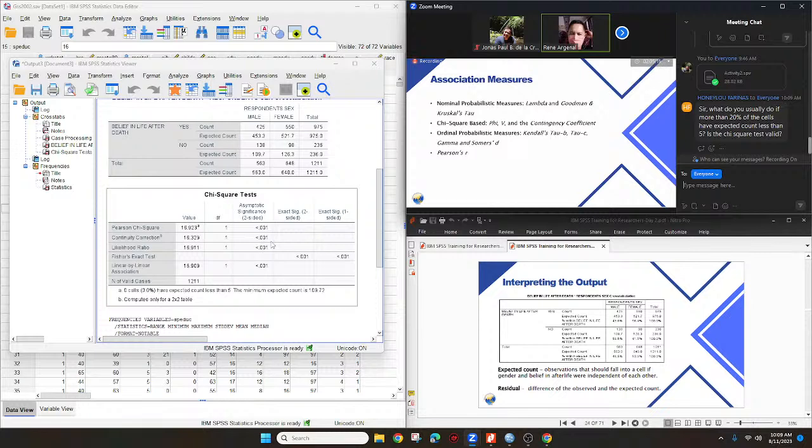It will discuss the different types of statistics for determining relationships, depending upon whether your data are nominal, ordinal, interval, or ratio.